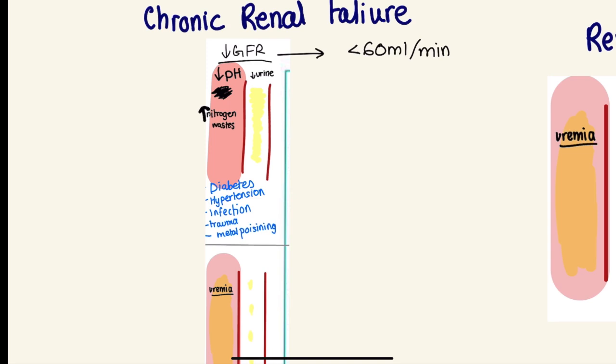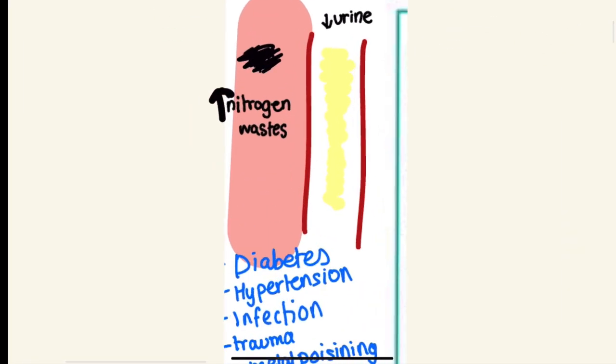Now, it often develops very silently, as in you will not be able to tell that a person has this because they might be asymptomatic. First, the glomerular filtration rate is going to decrease. What other things are going to happen? Nitrogenous waste will accumulate. Where? In the blood. So nitrogenous waste would accumulate in this region.